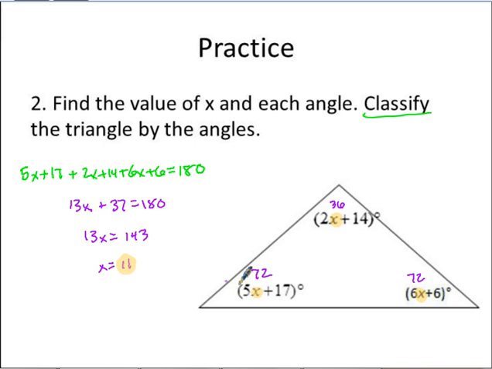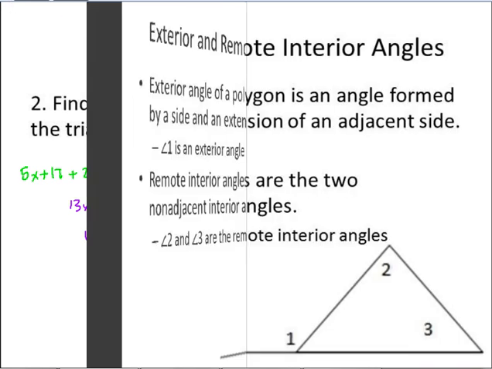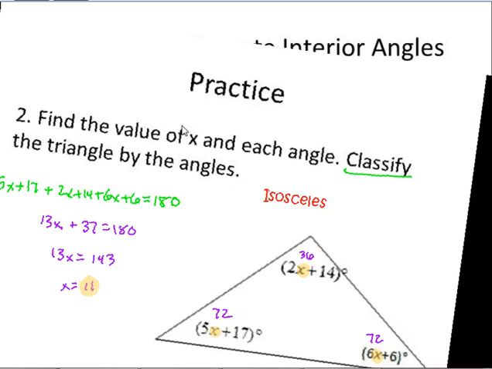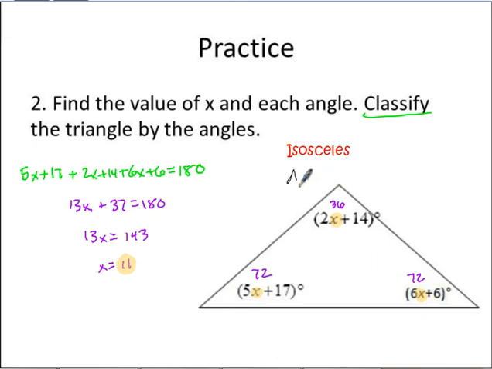So if we classify this triangle by its angles, we have two congruent angles. That means this triangle is isosceles. We could also say it's an acute triangle. Isosceles and acute.